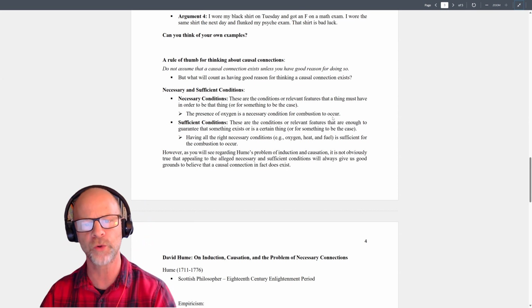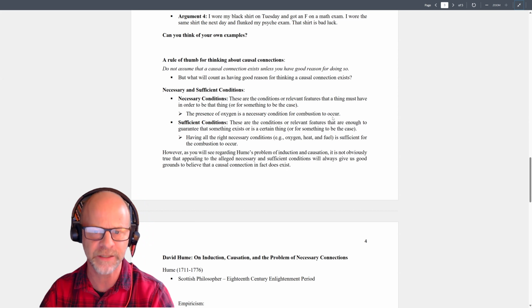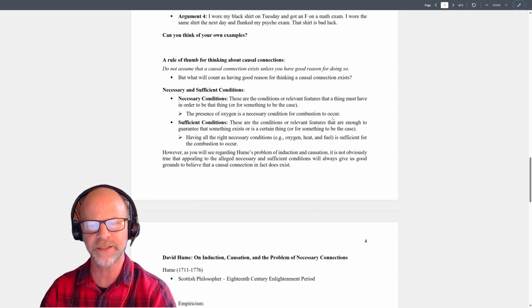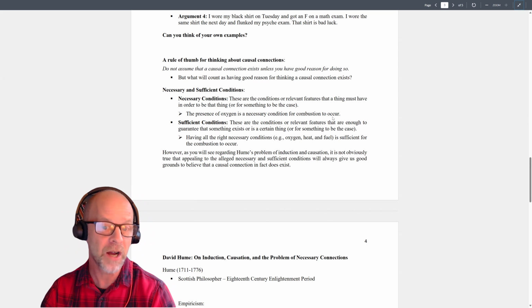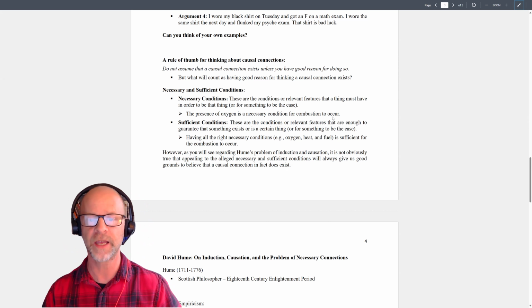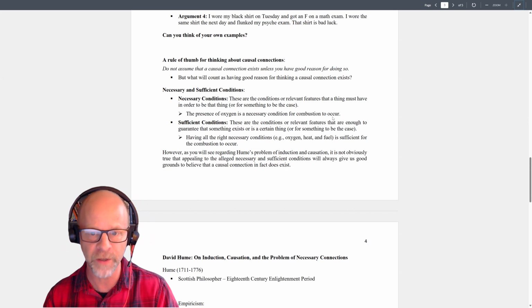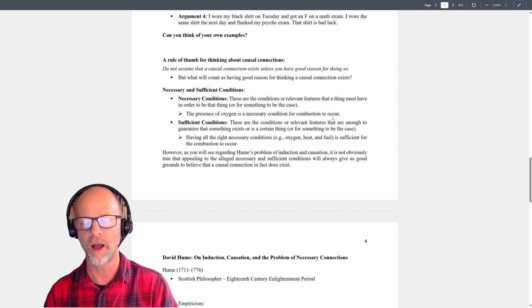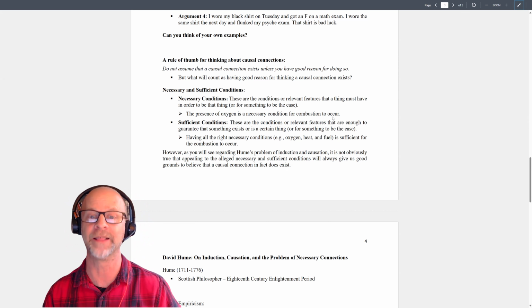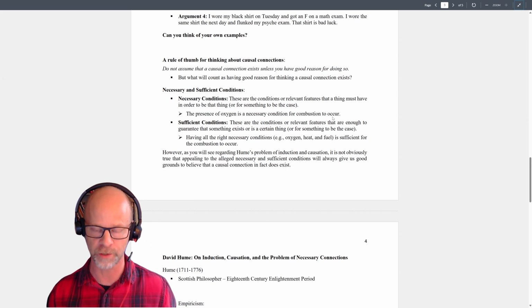So one thing we can do is consider necessary and sufficient conditions. The necessary conditions would be the relevant features that a thing must have in order for that thing to be the case. So for instance, if I am buying a coffee from the coffee shop, and let's say the coffee costs $3, well, I have to give them at least $3 in order to purchase the coffee.